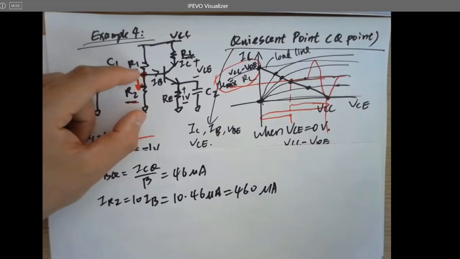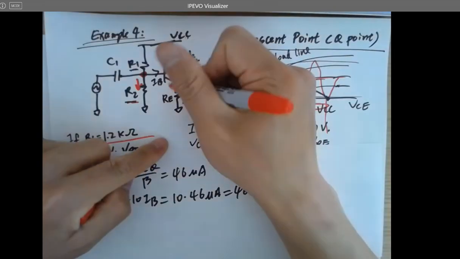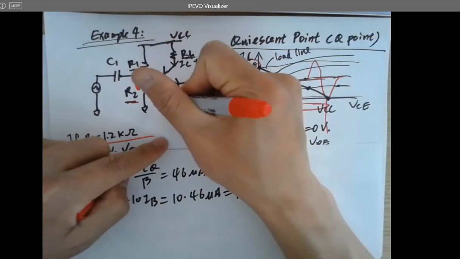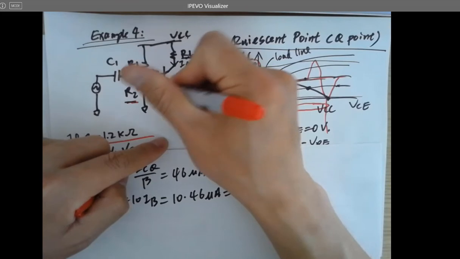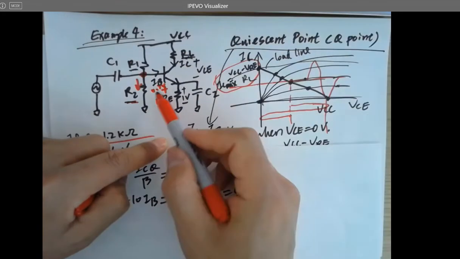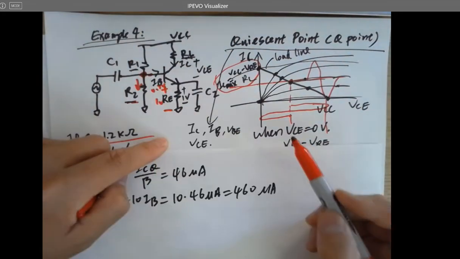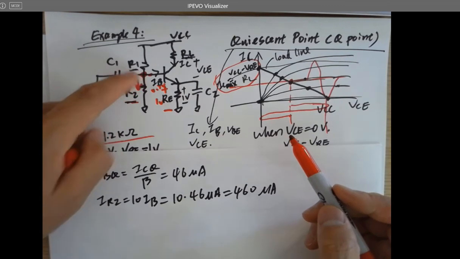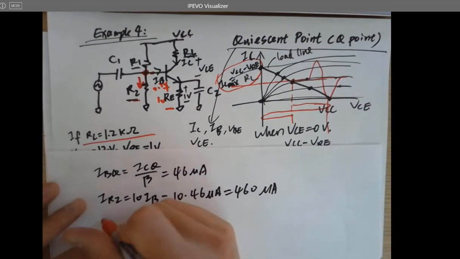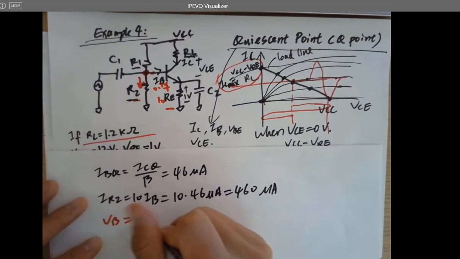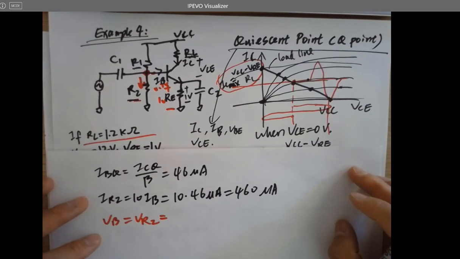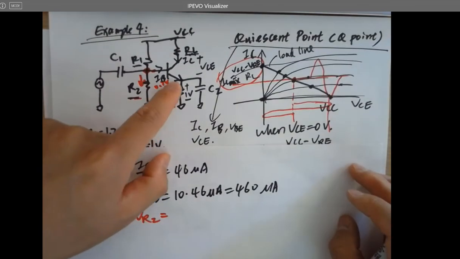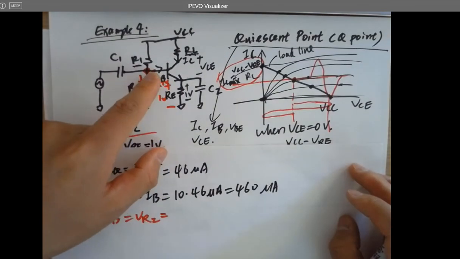But look at here. You got 1 volt from ground, you got a 1 volt jump. And now from VB, you got a 0.7 volt jump. So what's VB? Or VR2? 1 volt jump, 0.7 volt jump.